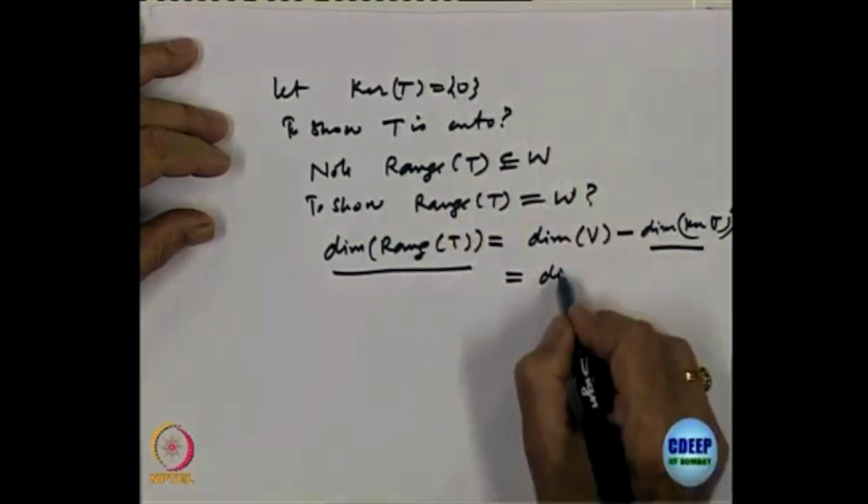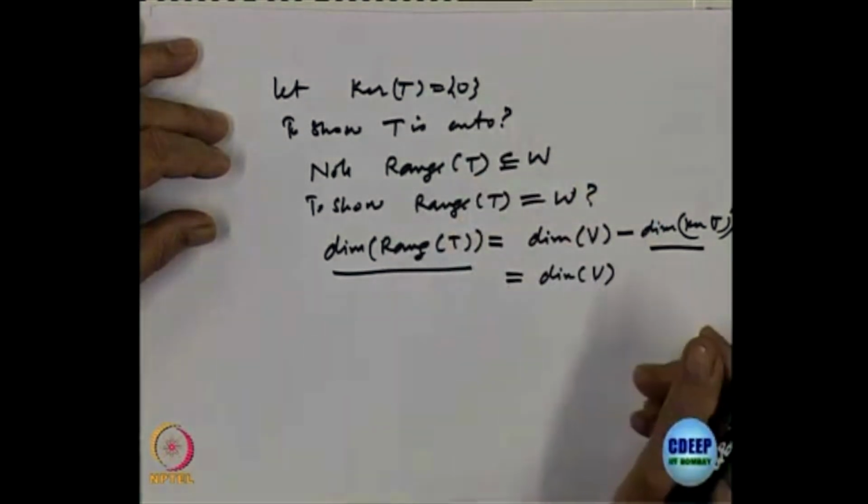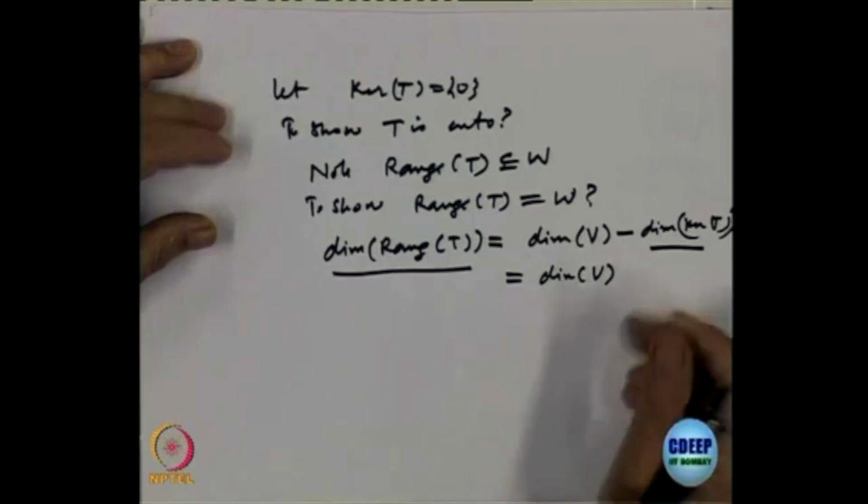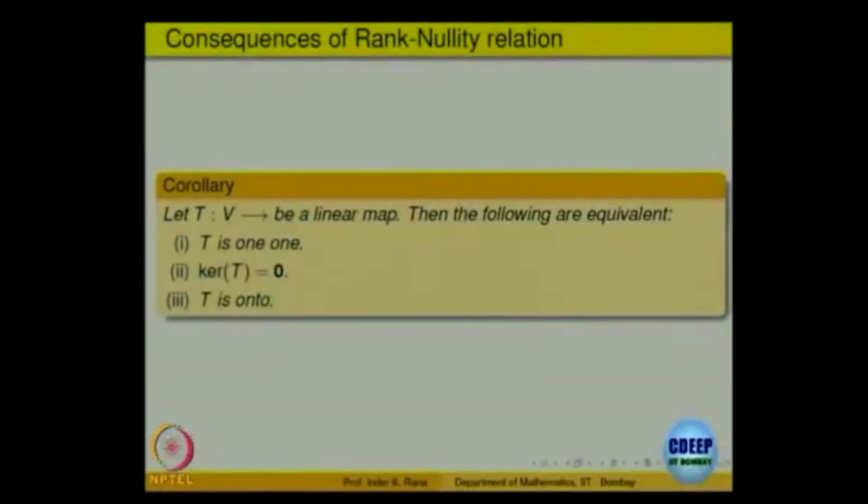So it is the dimension of V. The dimension is full, which means the range has to be equal to W. So that is the third one, T is onto. Is it clear to everybody that these three are equivalent? The third one is a consequence of the rank nullity theorem.